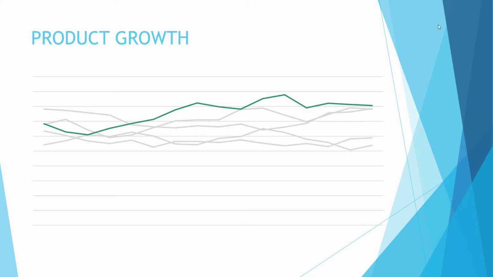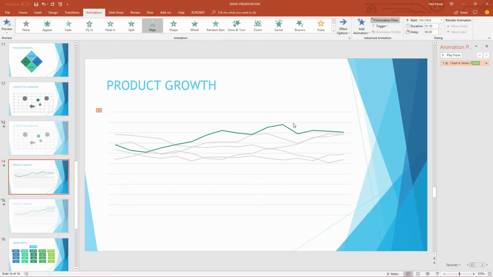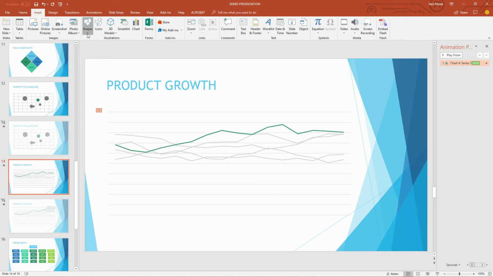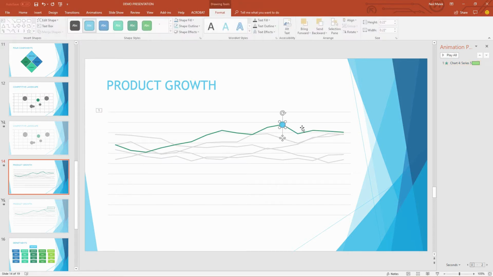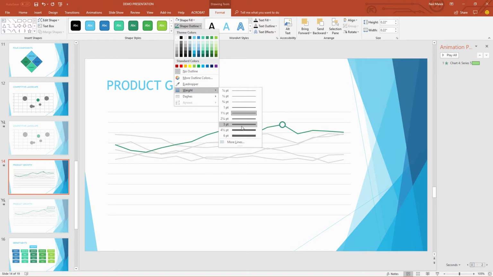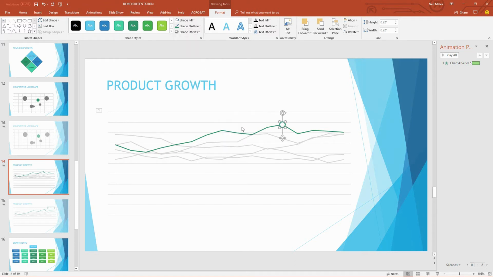Now it's at this point where I need to drop in my point. I'll just go to my Insert tab at the top of the screen, add a circle, and drop that circle right there at the point that I want to mark. I can fill it, let's say with nice white, clear color, make the outline something like that same green color, maybe then make the weight of that line a bit bigger.